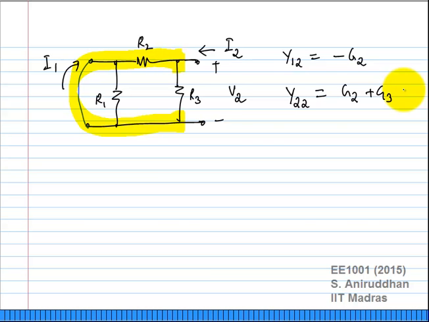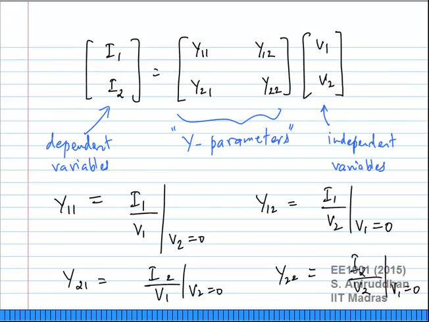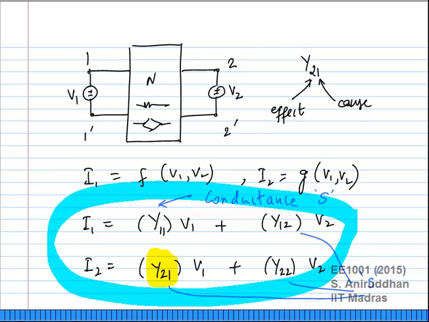Why are we dealing with just 2 ports? I started off assuming N is a 2-port. What about 3 ports or 4 ports? What will happen? 3 by 3. Exactly. If I choose 3 pairs of ports, I will get a 3 by 3 Y parameter matrix. I will have 3 pairs of voltages and currents.